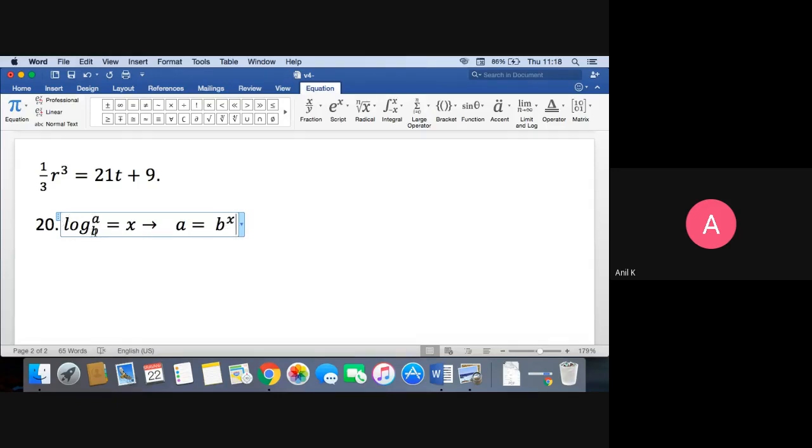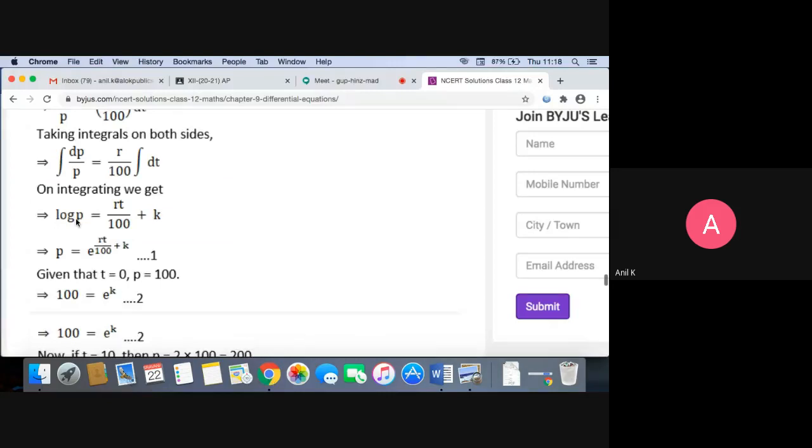Log a to the base b equals x, then I can write a equals b to the power of x. The same formula they used here. Here they have log P equals some number, then if you want P, the base is e, that's why it will become an exponential. P equals e to the power of rt upon 100 plus k. Everything is above e as the exponent of e.